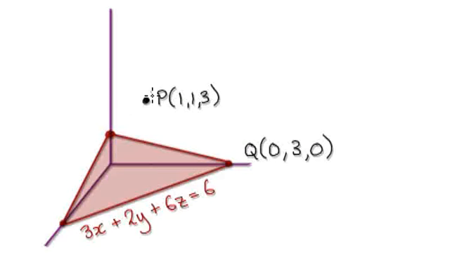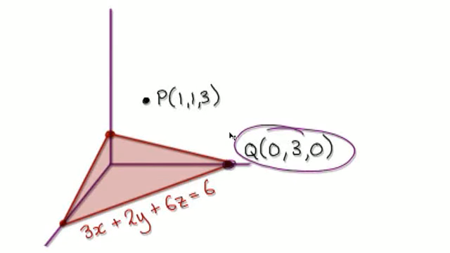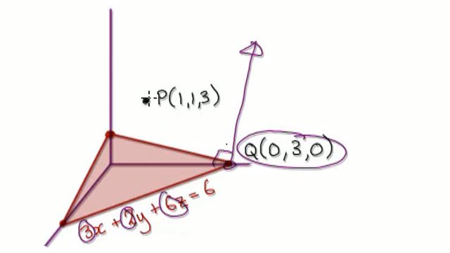Following on from the previous video, we were trying to find the shortest distance between a given point and a plane. When given an equation, we can easily obtain this point here, and we can easily obtain the normal vector, which will be given by this. If we know a given point and we know this point, we can easily obtain this vector here.